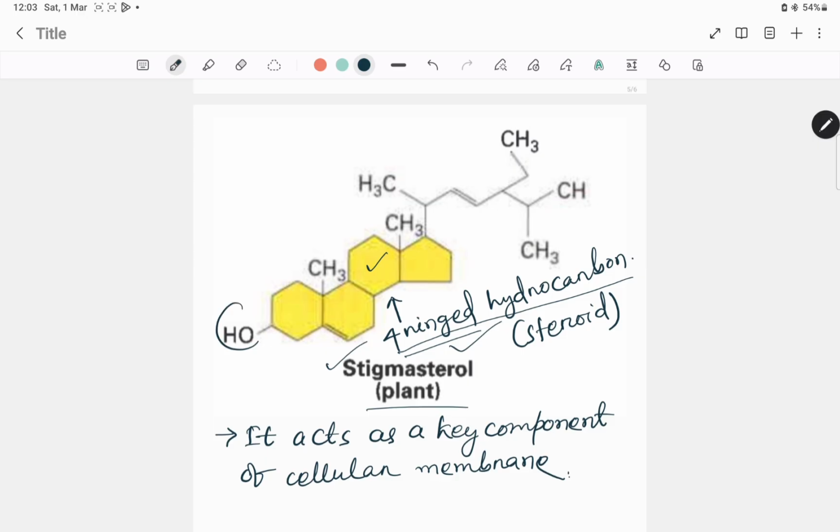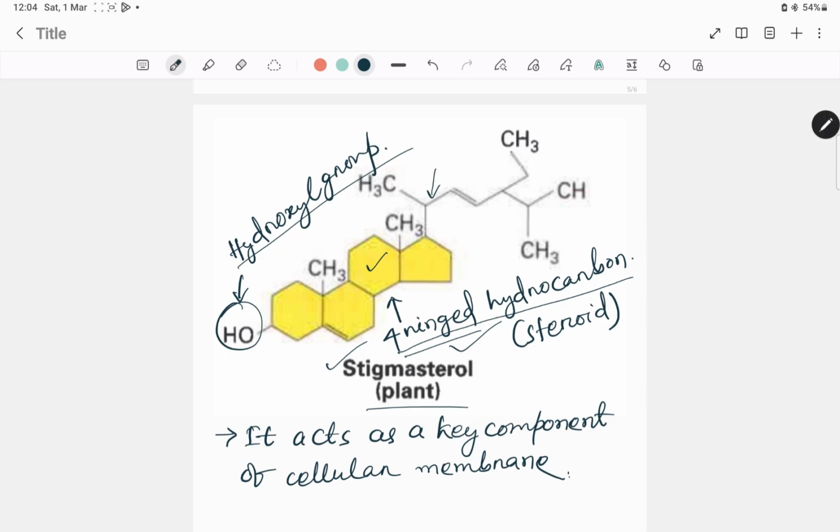Stigmasterol has a hydroxyl group. This is the hydroxyl group. This hydroxyl group is equivalent to the polar head group in other lipids. The conjugated ring and short hydrocarbon chain form the hydrophobic tail.